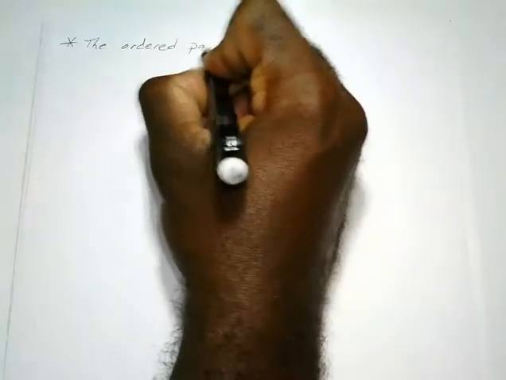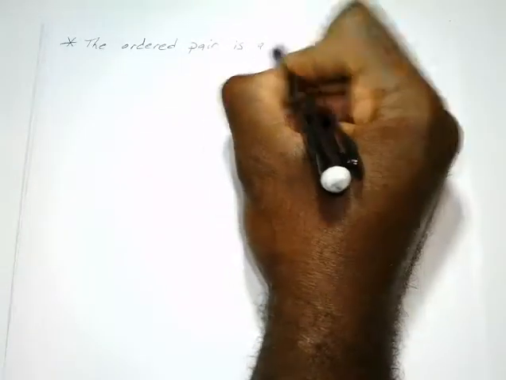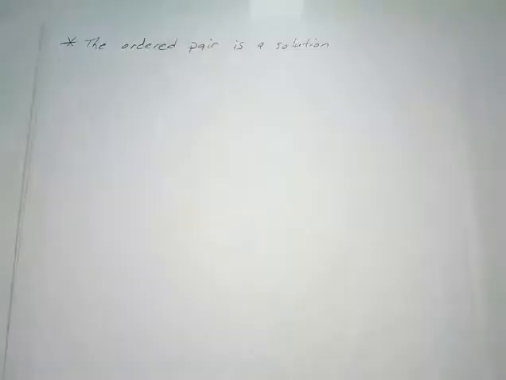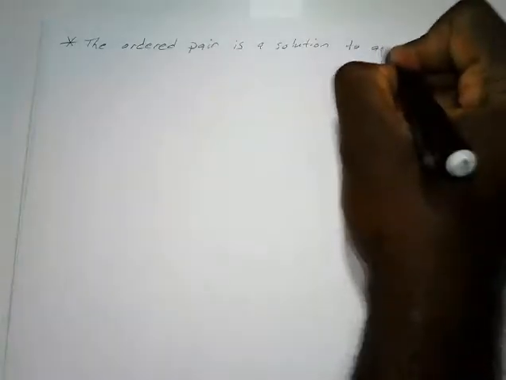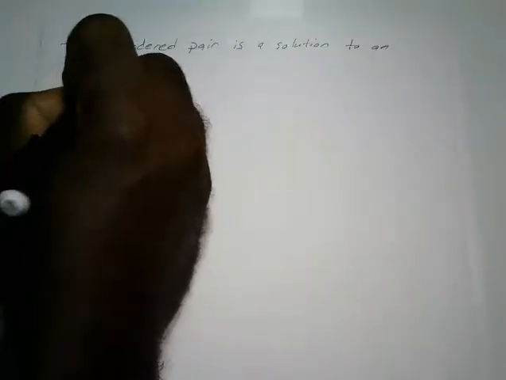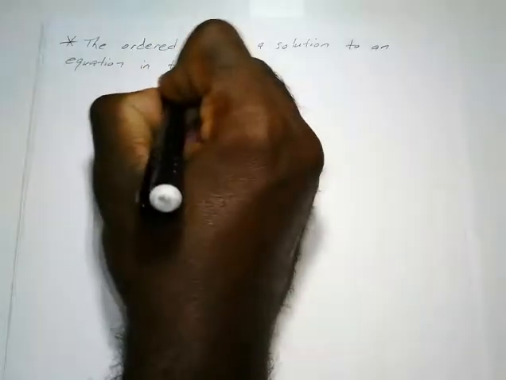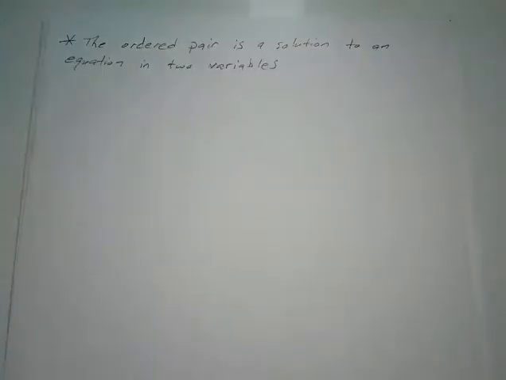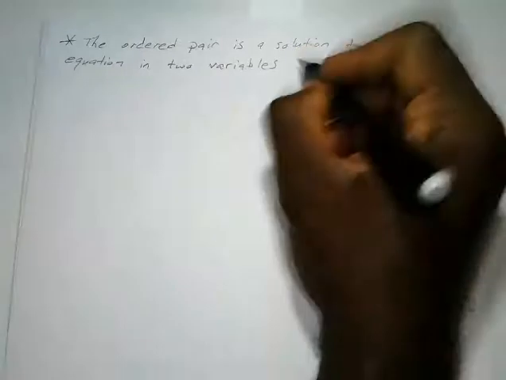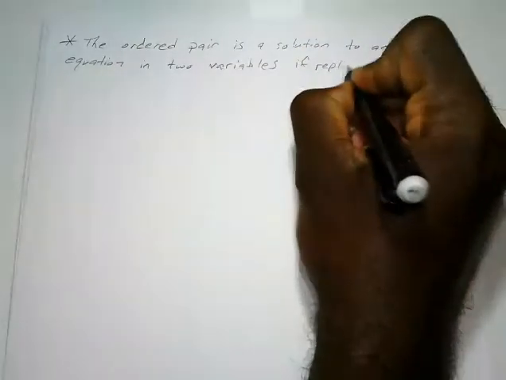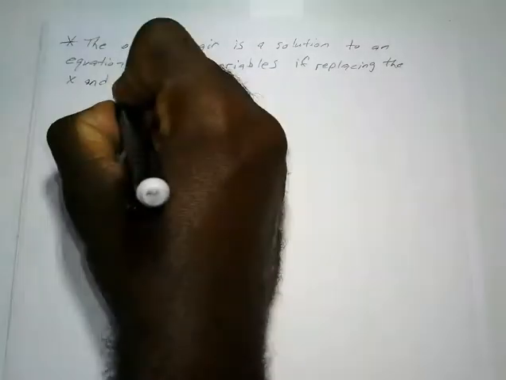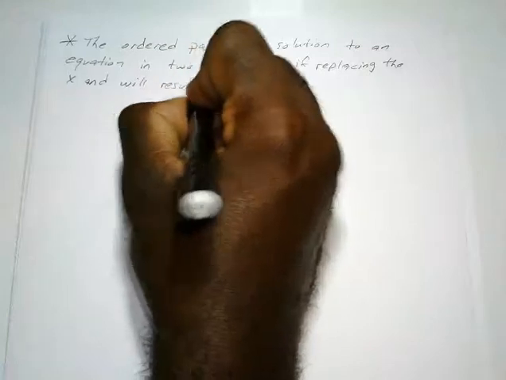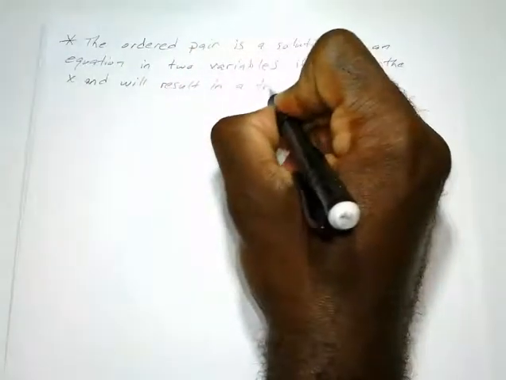So the ordered pair is a solution to an equation in 2 variables if replacing the x and y will result in a true statement.